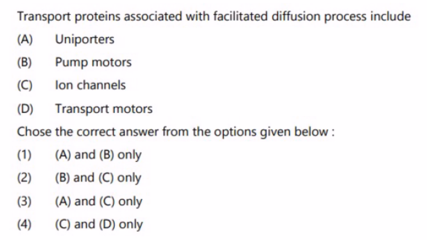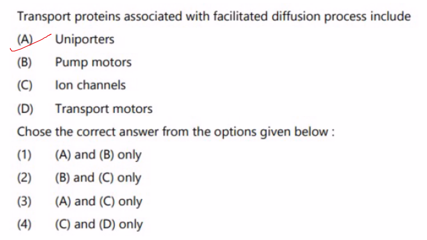So uniporter is a facilitated diffusion one, and it is a type of transport protein that will facilitate the movement of one type of molecule across the cell membrane down its concentration gradient without use of ATP.